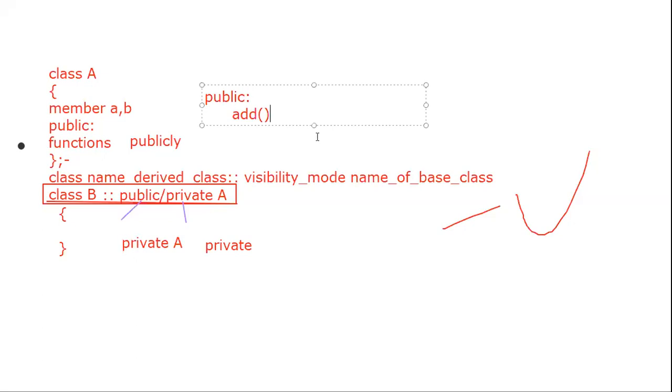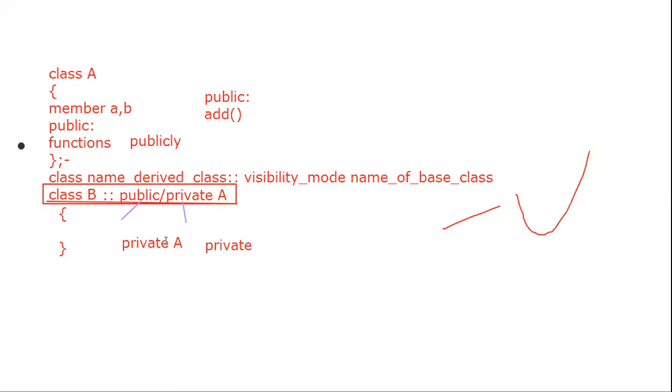Suppose now public add, what does it demonstrate? That particular add function is available to which class? To each and every class that inherits class A, that add function is available. Am I right? Because that add function is available inside the public specifier. Is this clear to everyone? Yes, sir.